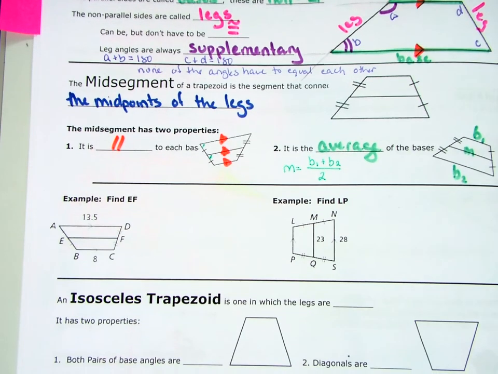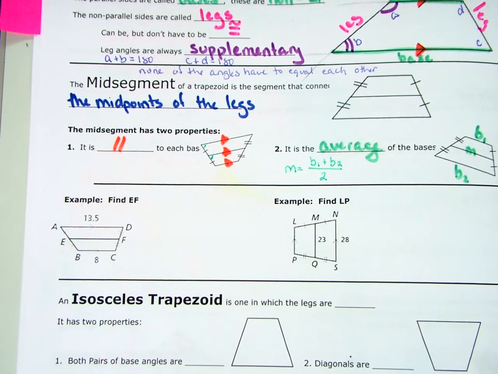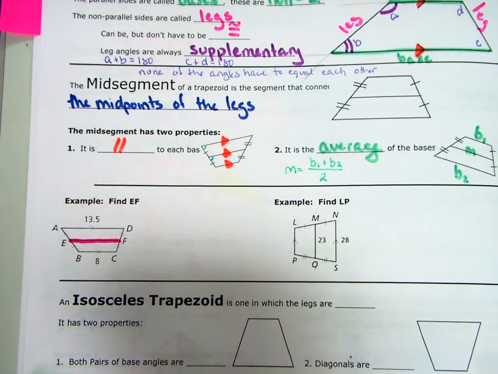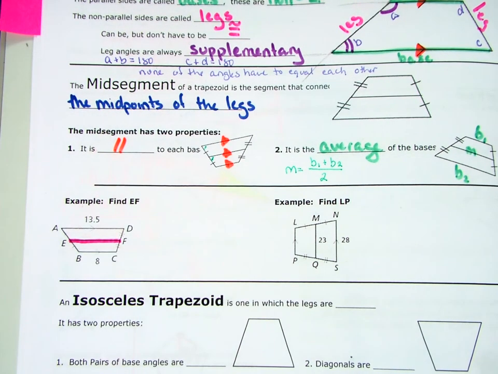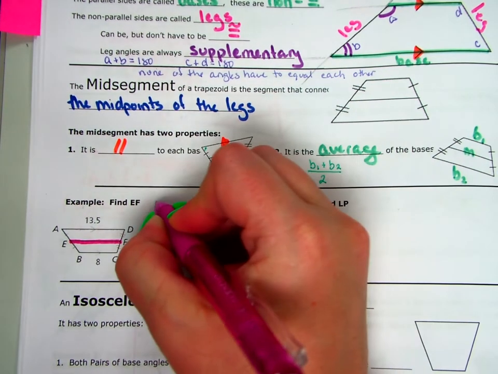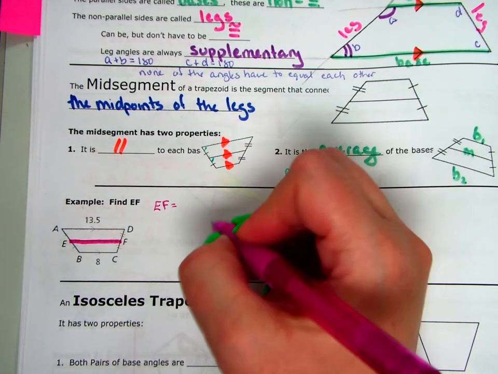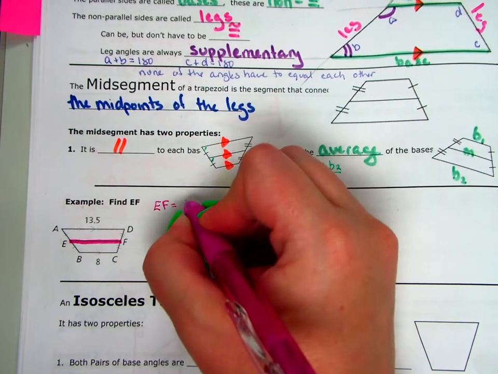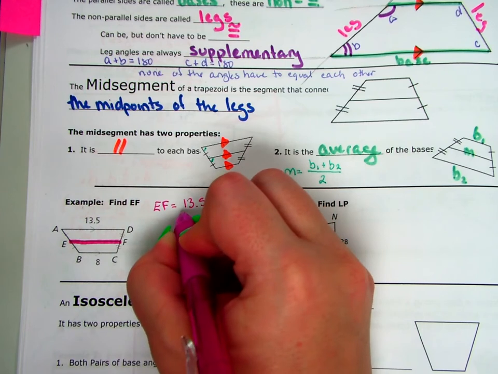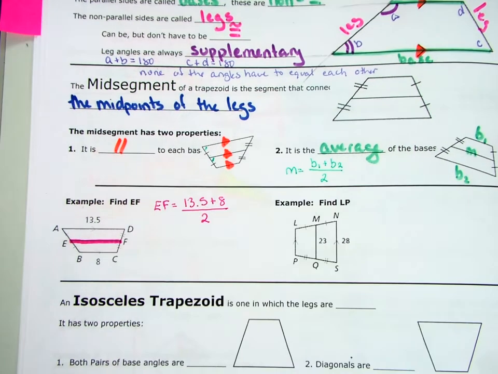All right, my first example says to find EF. So EF is the midsegment. We know the midsegment is the average of the two bases. So the distance from E to F will be the average of the two bases. One base is 13.5. The other base is 8. Find its average.